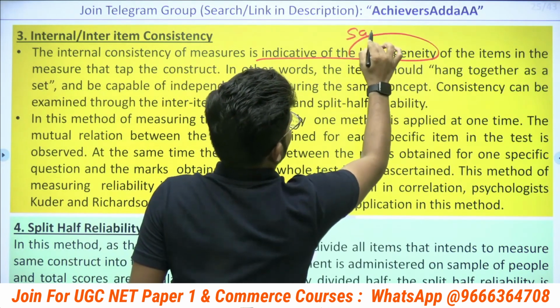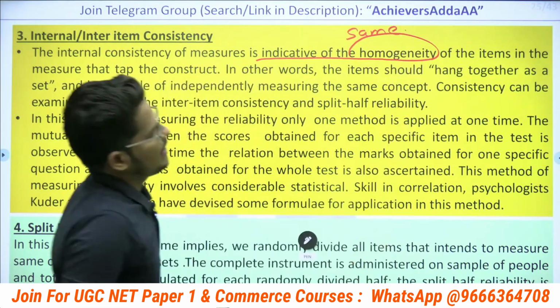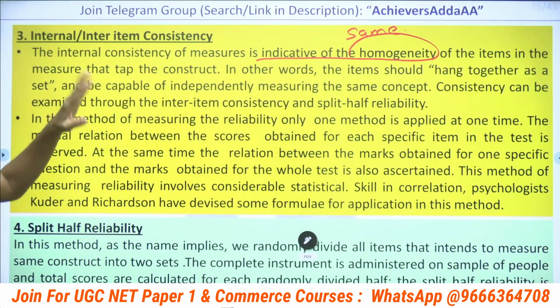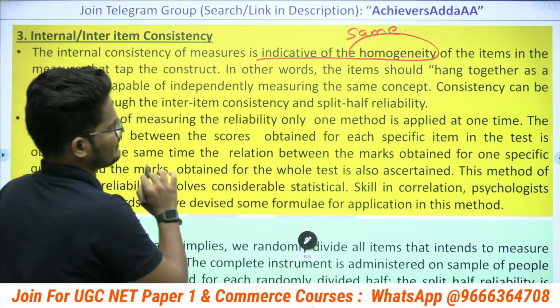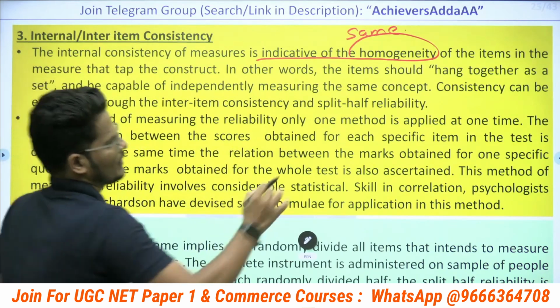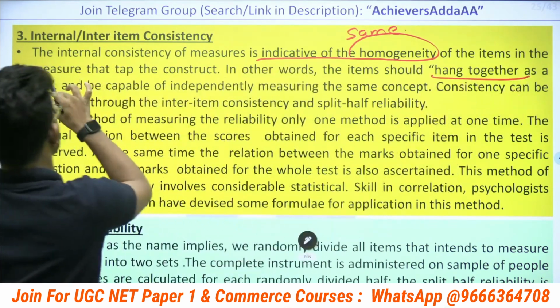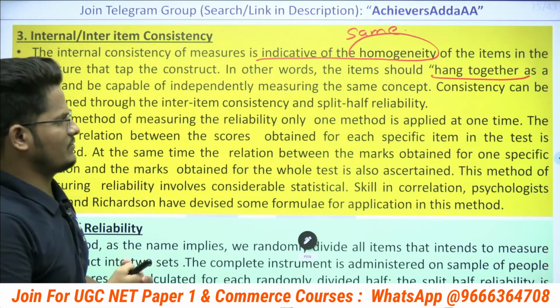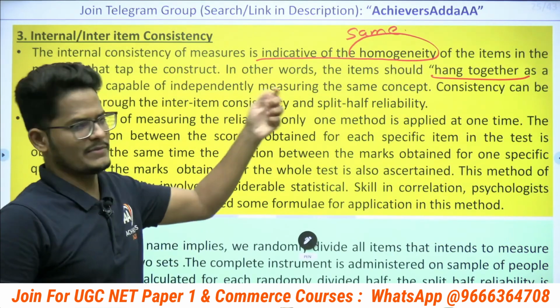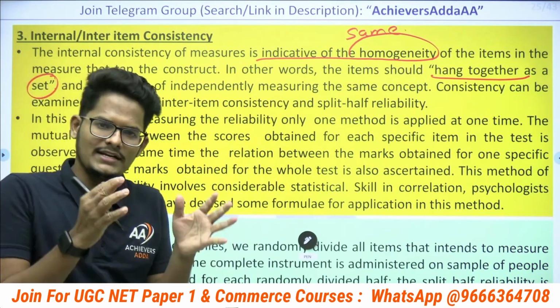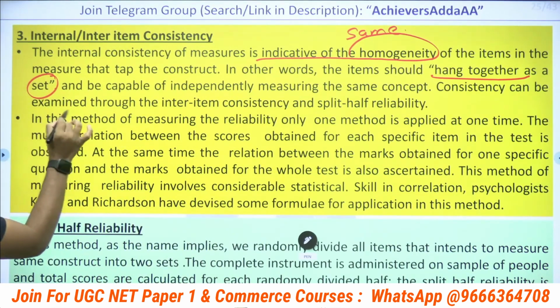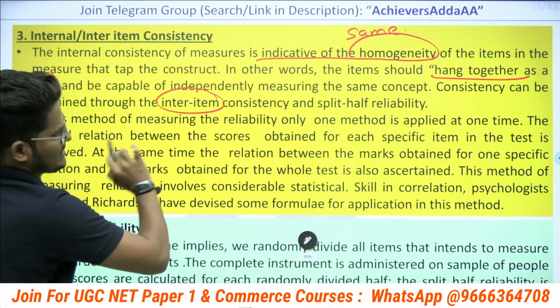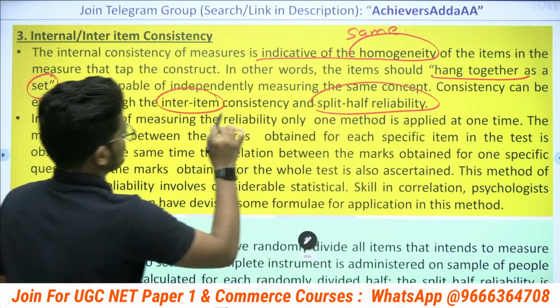That is the consistency of the items that tap the construct; in other words, they hang together as a set and are capable of independently measuring the same concept. We are independently testing the same concept on a different basis. So consistency can be examined through inter-item consistency and split-half reliability. Those are the two methods.